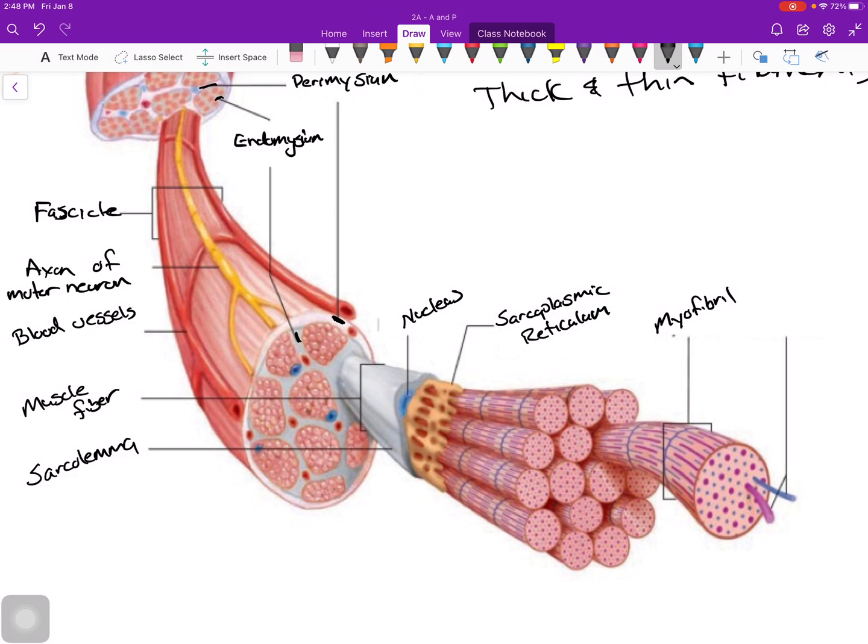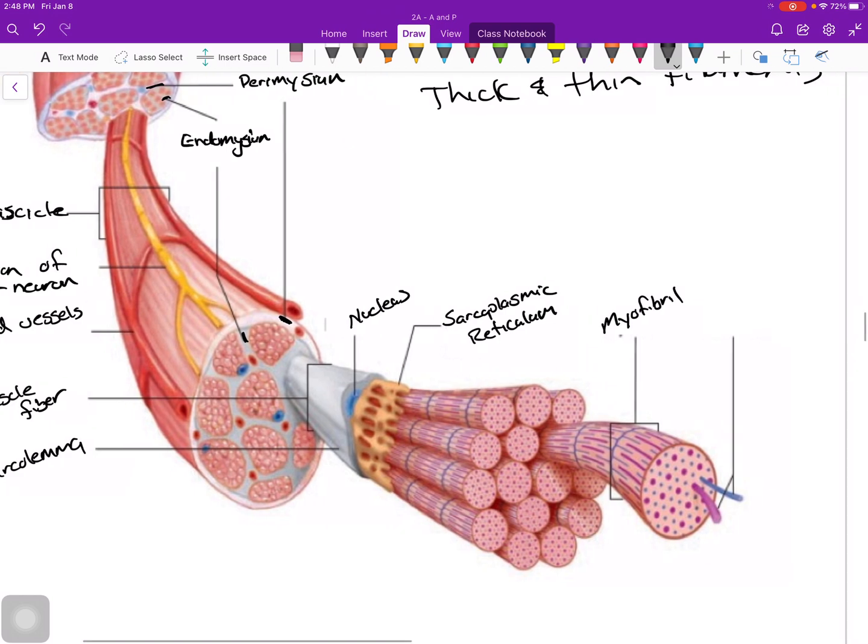And then you have your myofilaments in this case. And these are the thin, which would be actin, and the thick, which would be myosin. All right, so there's the microanatomy of a skeletal muscle.